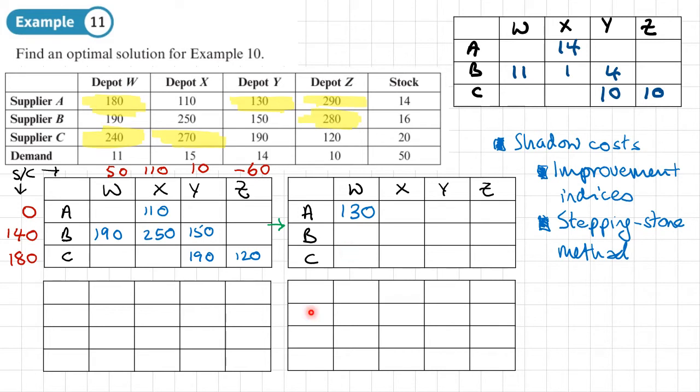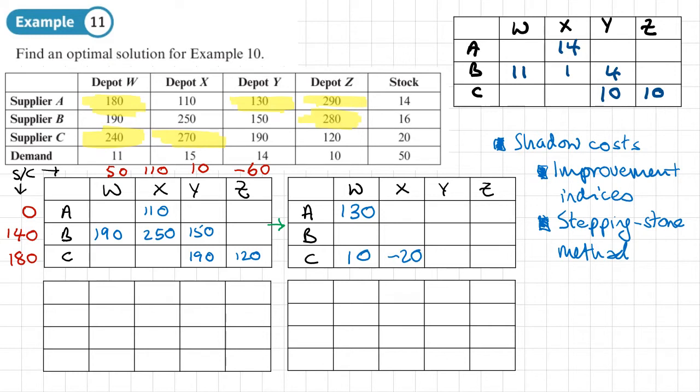That leaves 10 to go in that cell. Then we move across to this one. That would be 270 minus 110 minus 180. That gives us negative 20. So it goes here.